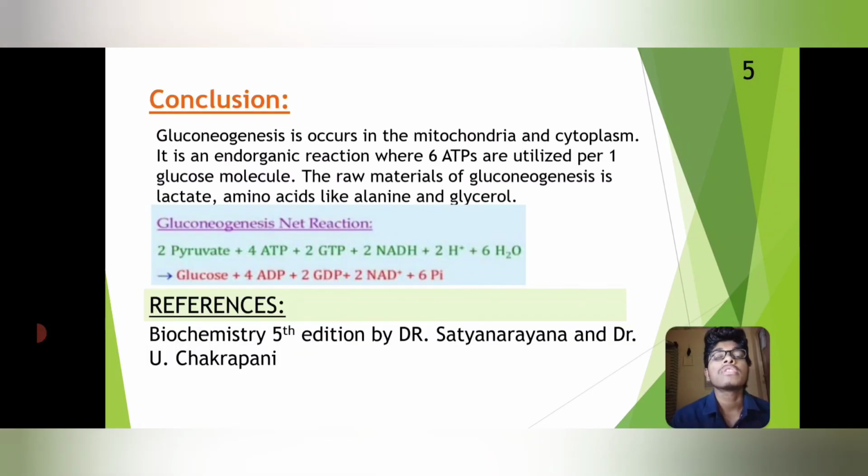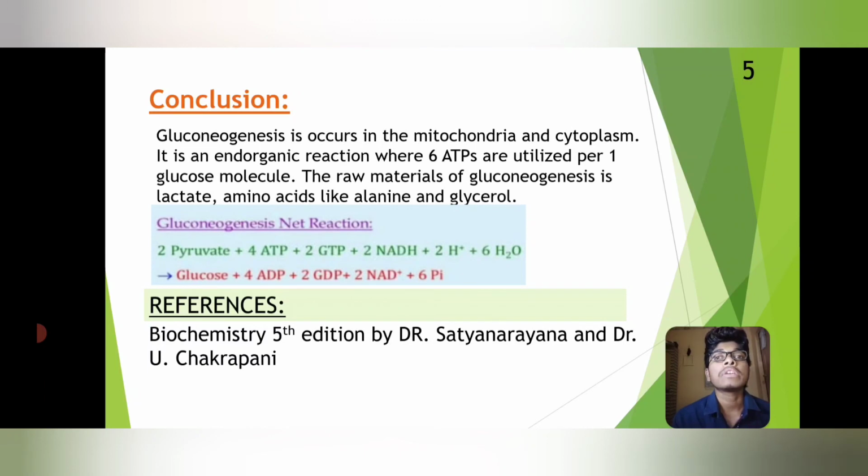Conclusion. Gluconeogenesis occurs in the mitochondria and cytoplasm. It is an endergonic reaction where 6 ATPs are utilized per one glucose molecule. The raw materials of gluconeogenesis are lactate, amino acids like alanine, and glycerol.